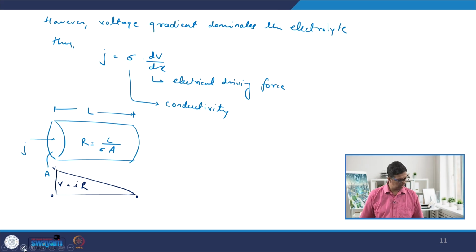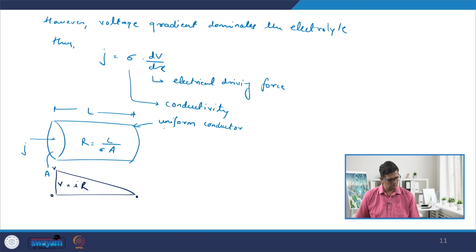So, let us write this up. This is a uniform conductor. Okay. So, I can write V equals IR, which is our conventional equation. So, I can rearrange this.